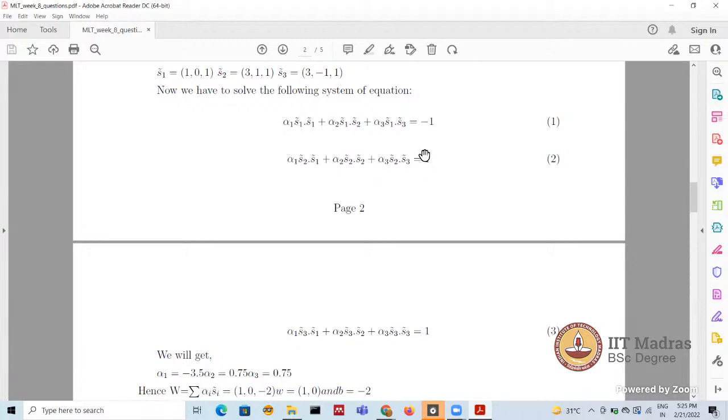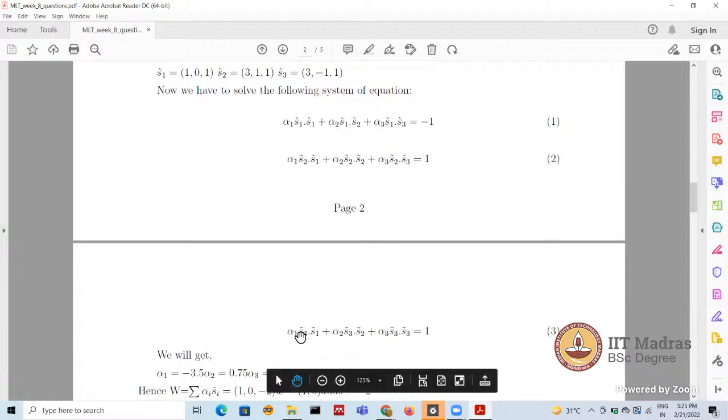Here S2 is positive, so it is +1. S1 with S1, S1 with S2, and S1 with S3. So this term is because of S1, this because of S2, and this because of S3. Okay, thank you.